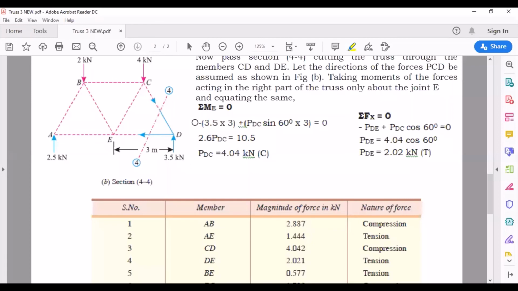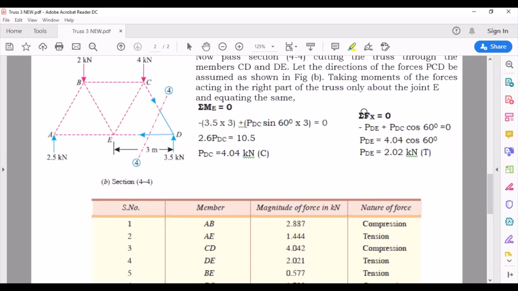If you rearrange the terms in this equation, you are going to get 2.6 PDC is equal to 10.5 kilonewton, where PDC is 4.04 kilonewton. So for DC, you can see that the arrow is moving towards point D, thereby the nature of the member force is compressive only because it is coming towards D.